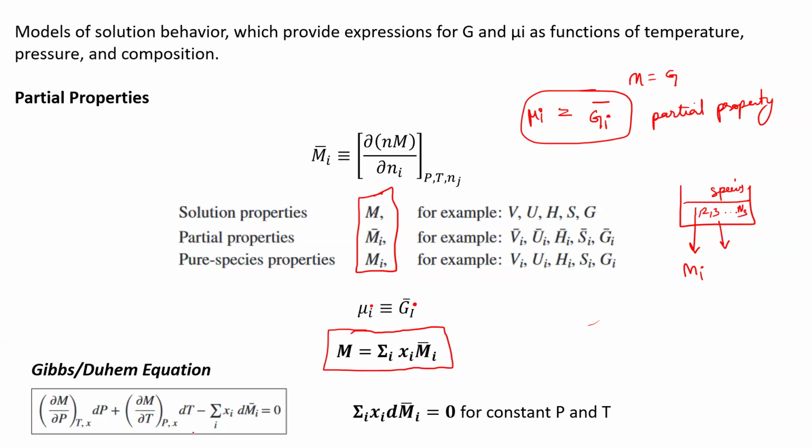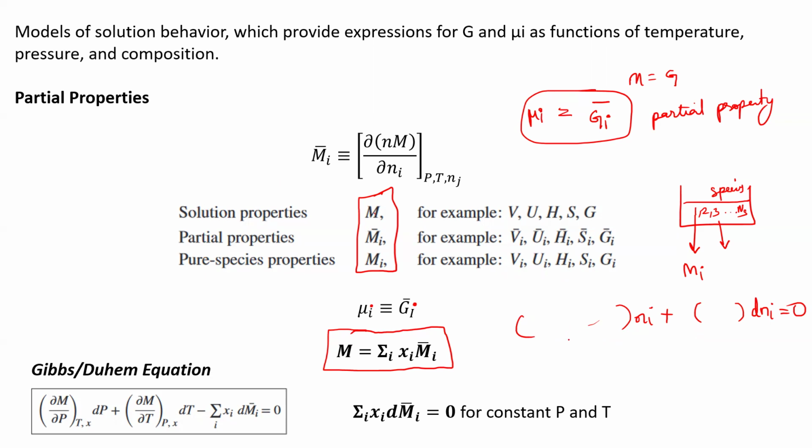And so how do we get this? There was a relation where a sum of xi times dMi bar equals 0.